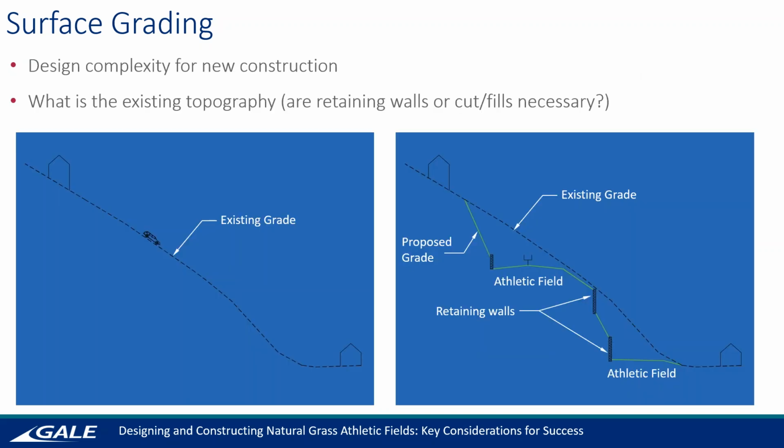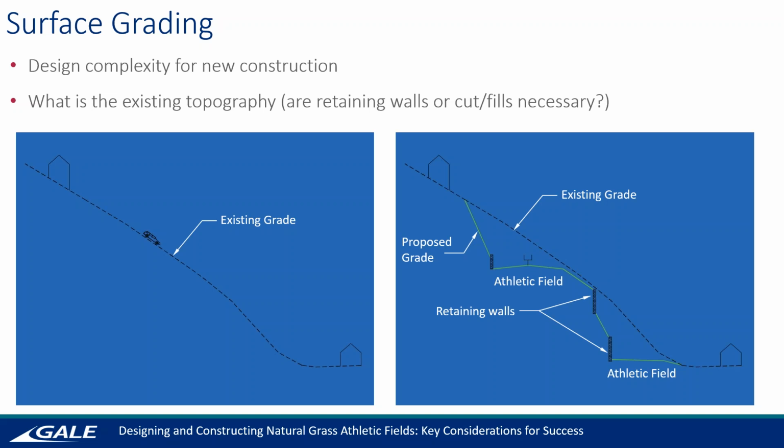So this is just some conceptual, kind of a little bit of extreme cases here, but every site has complexity, and we're designing a new construction. If you had to look at a situation where your existing grade on the left was a steep slope, and that was the area where you had to put in some athletic facilities, obviously you have to look at balancing the site with cuts and fills and incorporating terracing, landscaping, or some type of retaining walls.